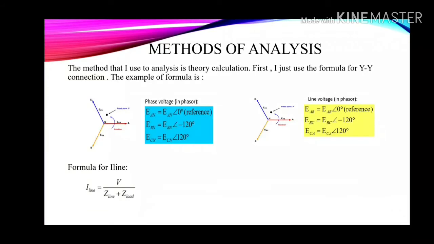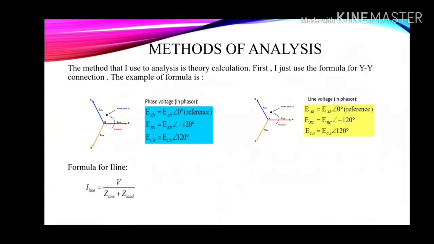For the phase voltage, EAN, EBN, ECN, and the line voltage, EAB, EBC, ECA. As we can see, between the phase voltage and the line voltage is an angle, which for the first one is 0 degree, the second one is negative 120 degree, and the third one is 120 degree.